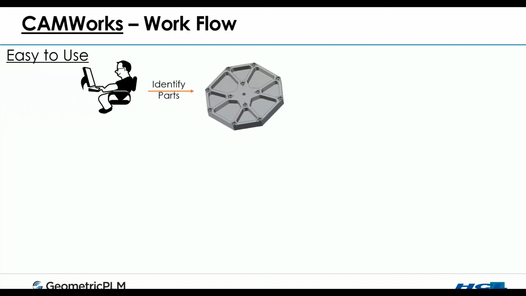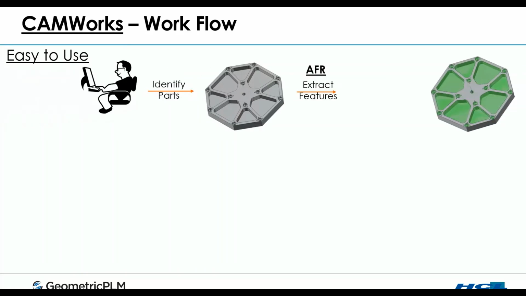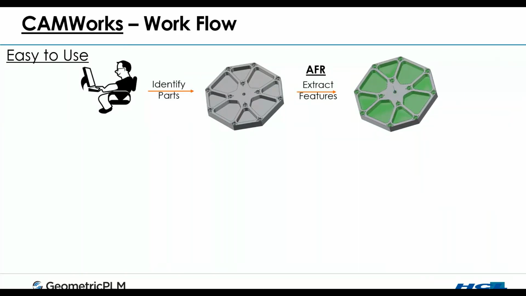For example, you have to design a model, or if you have a solid model, you can open that model in CamWorks. After opening it, you can extract the machining features. As far as your model is concerned, the software will extract all the pocket features and all the holes, and all that will be automatically recognized by the software.